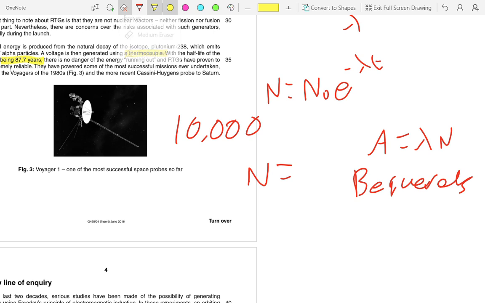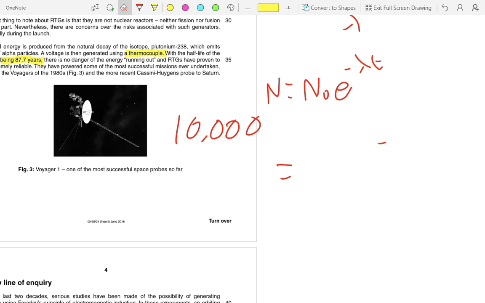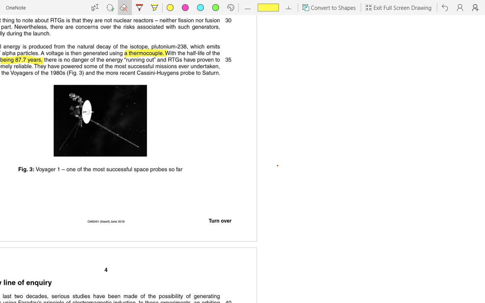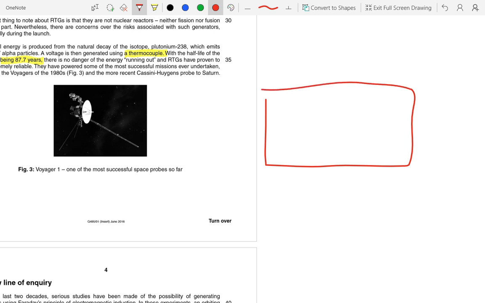So you have some form of section where the reaction's taking place, a sort of box like this, and you have some sort of thing that then goes out and gives power to the satellite. You're having the decaying source here, and it will be decaying and firing out alpha particles.